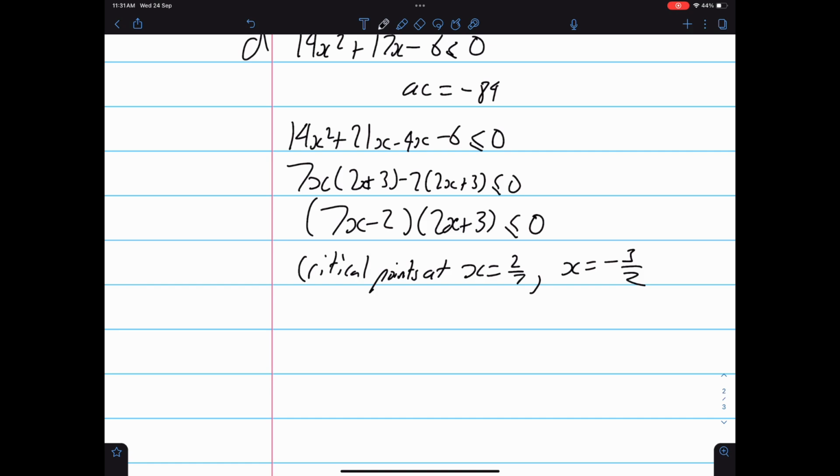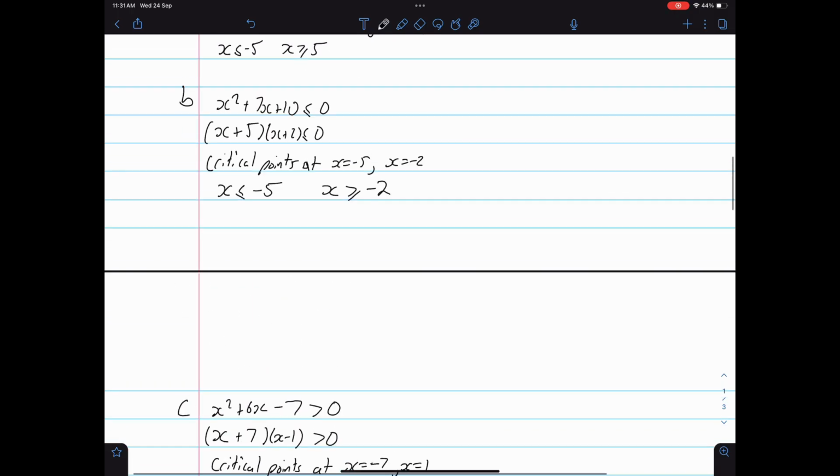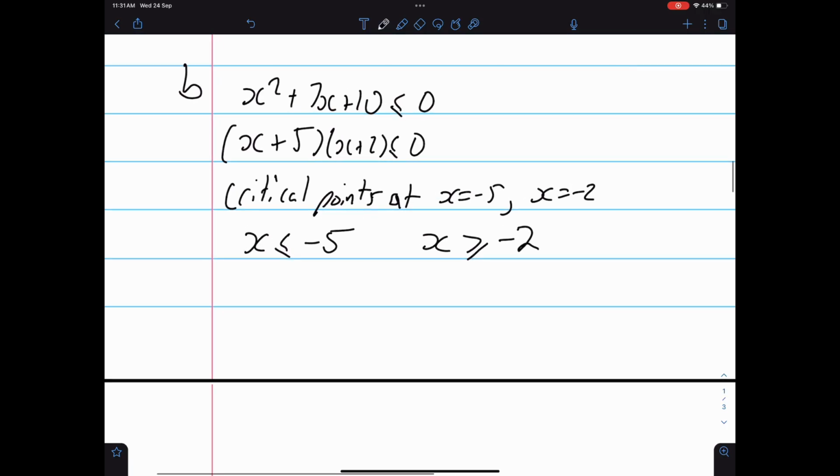And we're going less than 0. Oops, this one, because we're doing less than 0, needs to be between the 2 points.